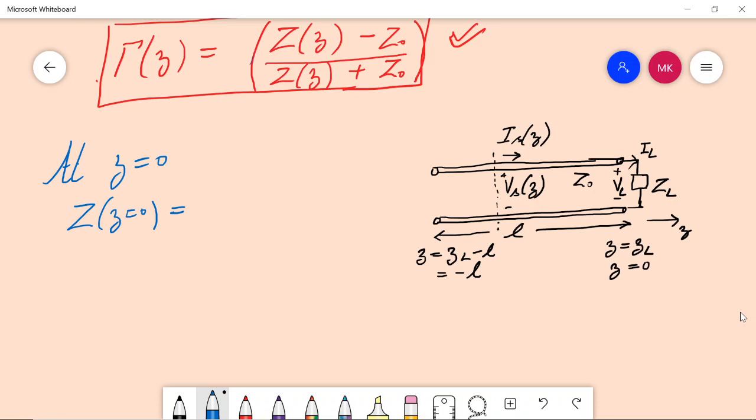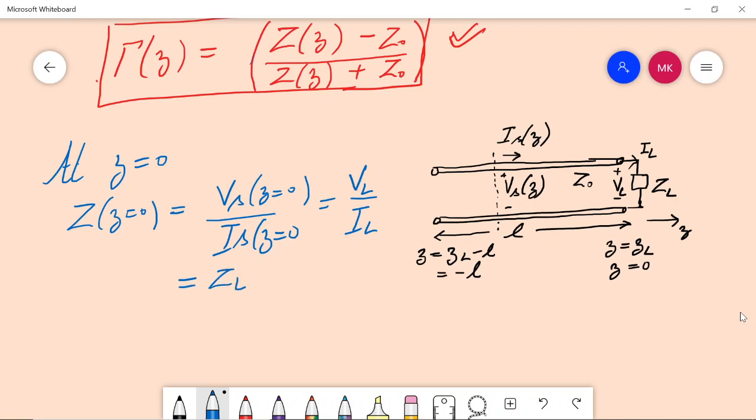So Z at 0 is the total voltage upon the total current, which is VL over IL, and VL over IL is the impedance ZL. So here it is ZL.